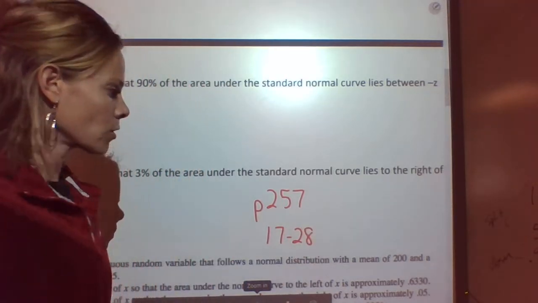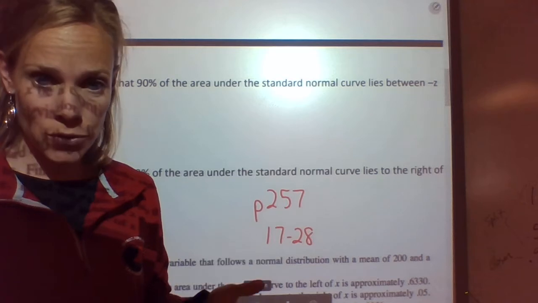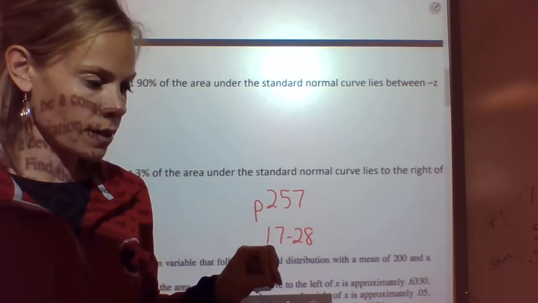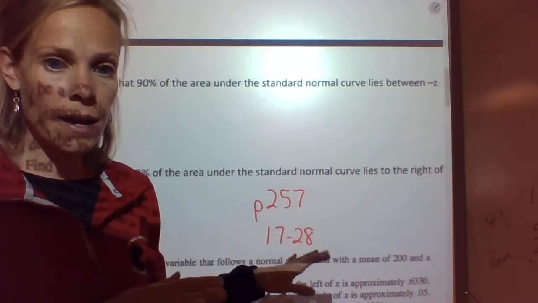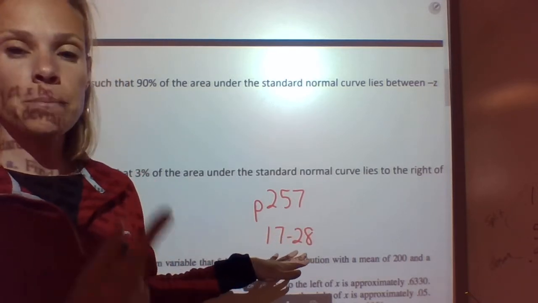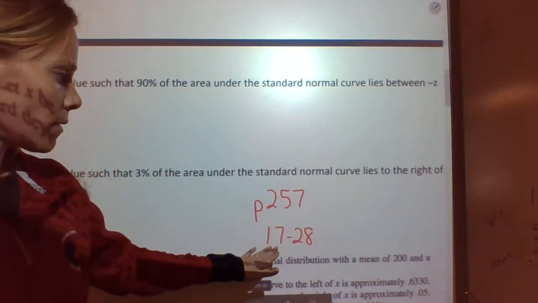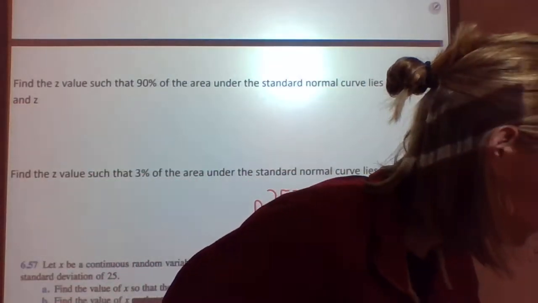Okay, so you're just practicing finding the z-score first. Okay, and what else am I going to do is I'm going to hold up the answers here in just a second. So I would pause this video, try the homework, and then push play again so you can see the answers. Okay, so try 17 through 28, and here are the answers.